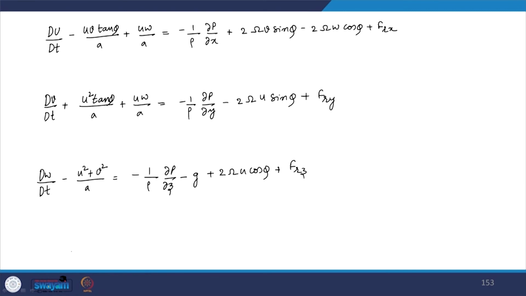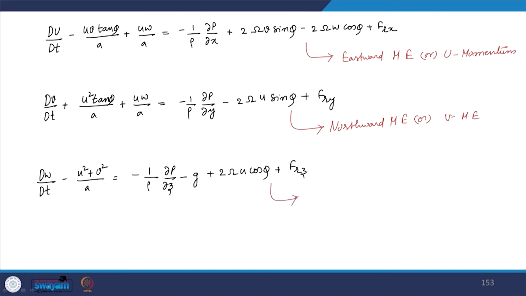This equation is called the eastward momentum equation or the u momentum equation, because it is talking about du by dt, and this one is the northward momentum equation, or we can also call it the v momentum equation.